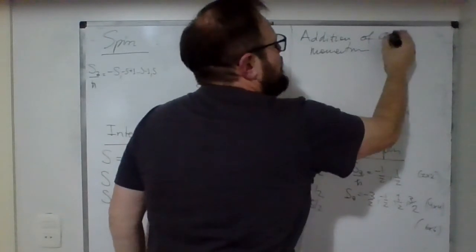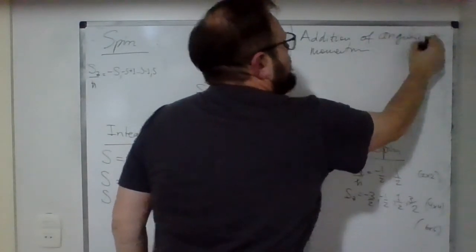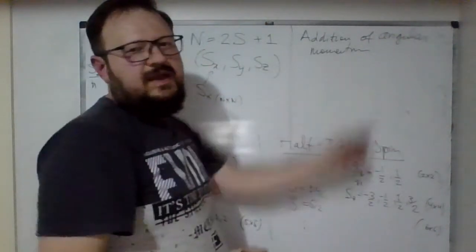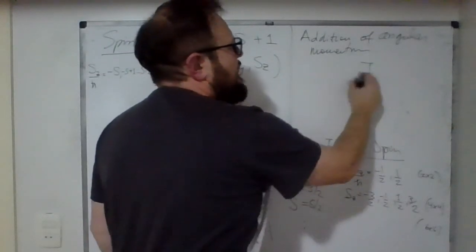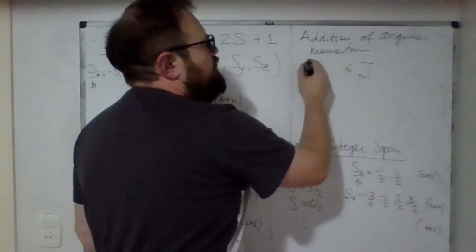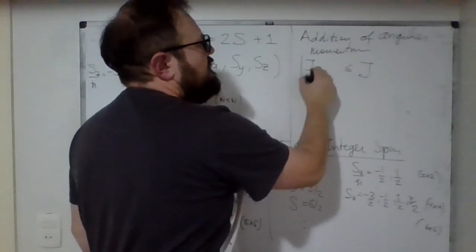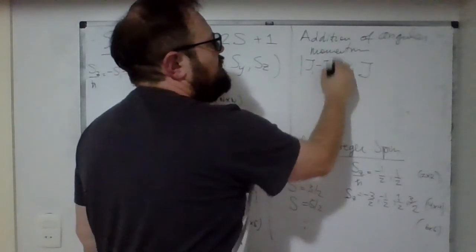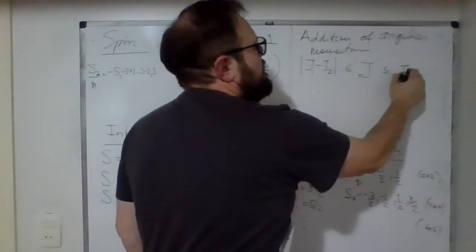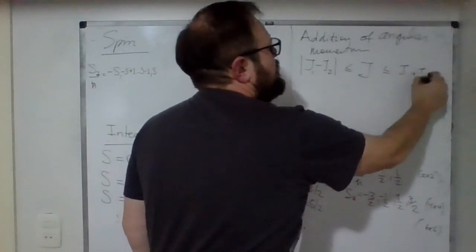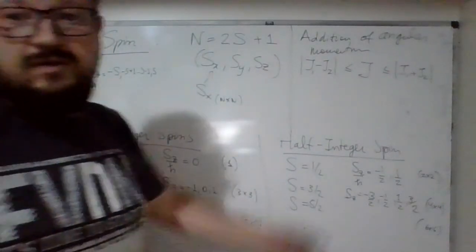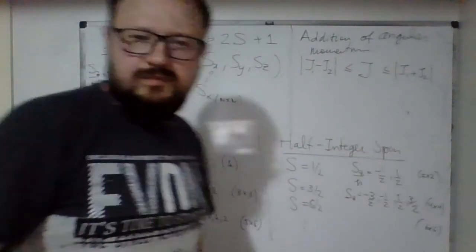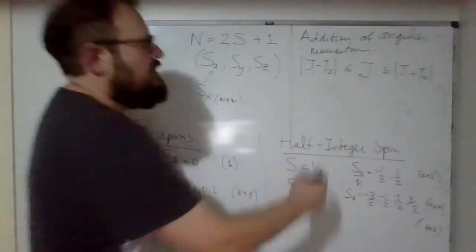So the addition of angular momentum will produce something like this. The resulting J value will be between the modulus of J1 minus J2 and the sum of both. So if you add two electrons, they are spin 1/2.